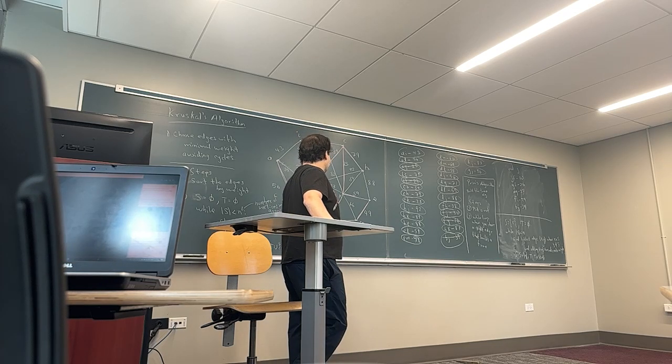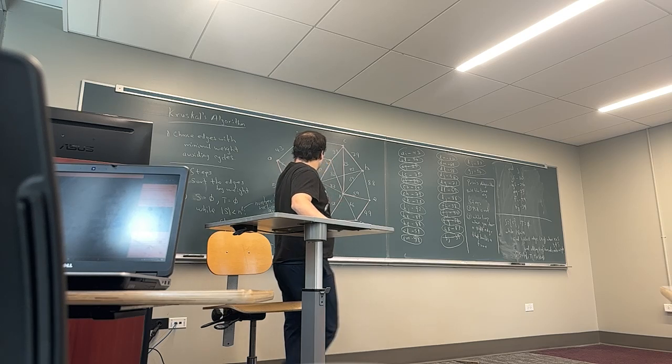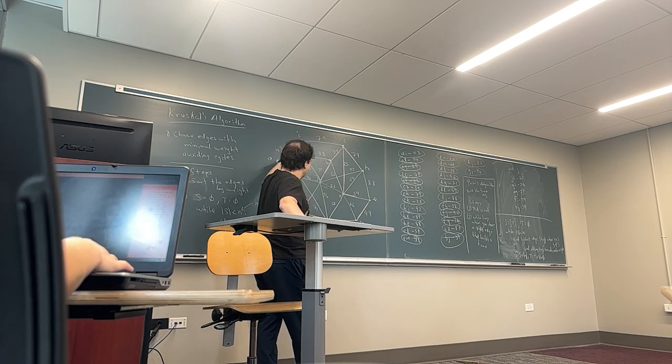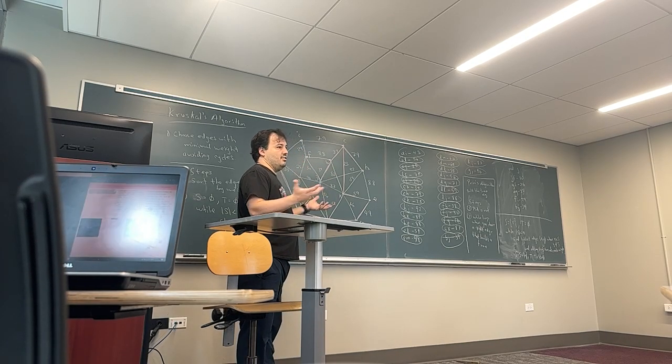And the other thing is each time you have to figure out what are the things connected to it, right? So at first it's easy. There's 7 things connected to J. But once you have J and F, now you have a bunch of things connected to J and a bunch of things connected to F. And each time you add one more vertex, you're just adding things that are connected.